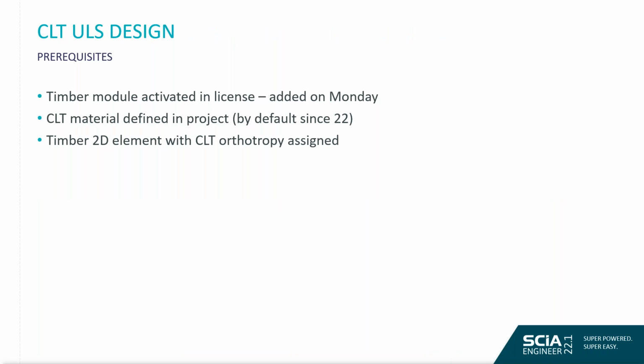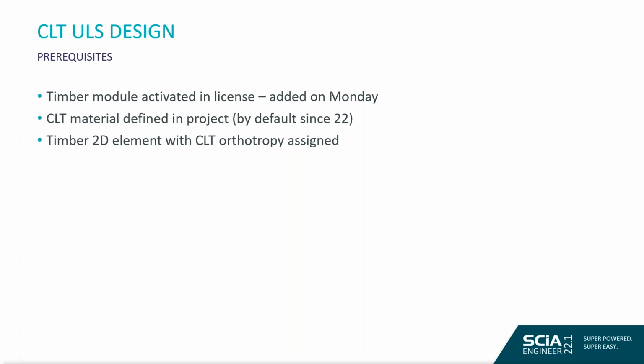First, what do you need to be able to run the cross-laminated timber design in SCIA Engineer? You need to have the timber module activated in your license. So either you have a concept edition or a professional edition, or you have the module by itself.